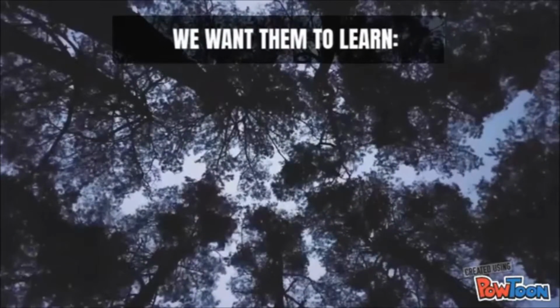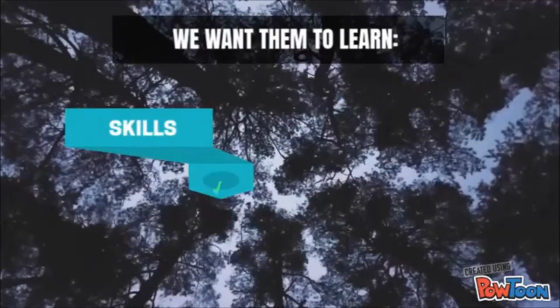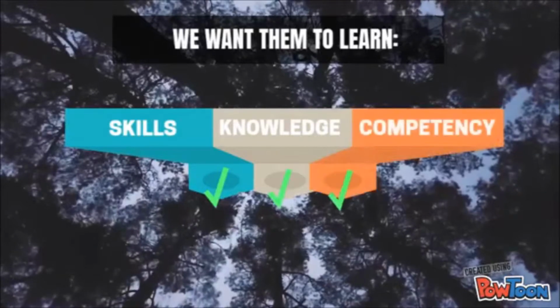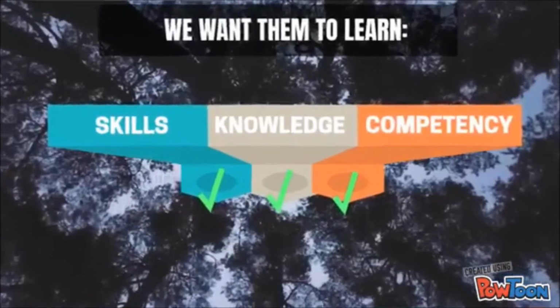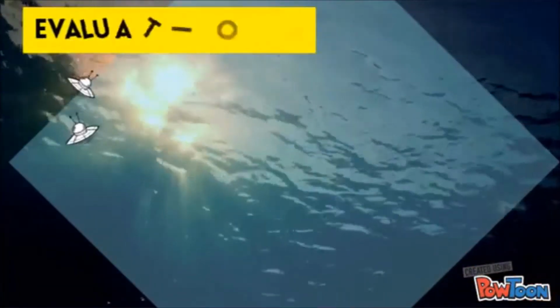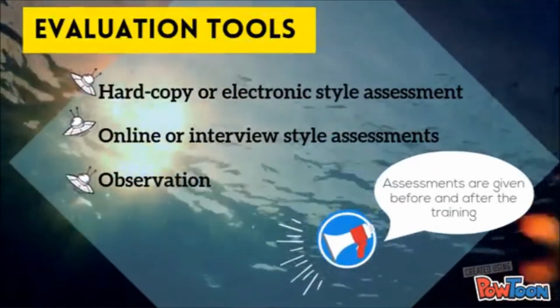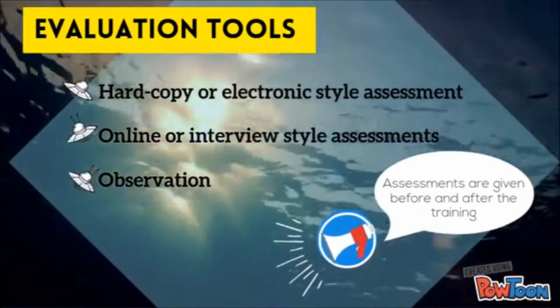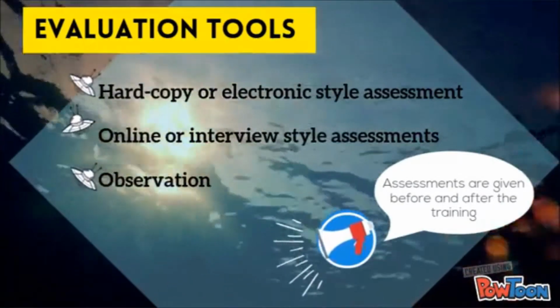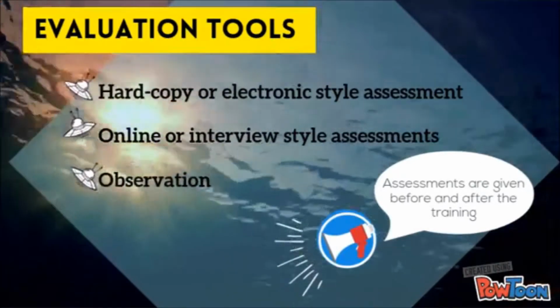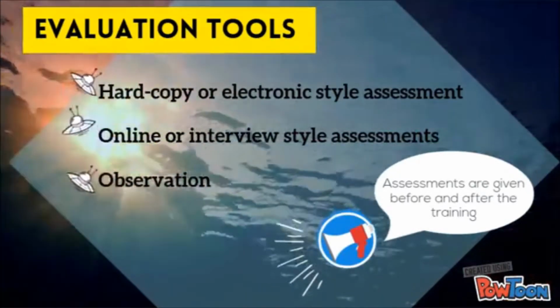At this level, we want them to learn new skills and knowledge, and we also want them to have competency. Evaluation tools for this level can be hard copy or electronic assessments, online or interview-style assessments, and observation. Note: assessments are given before and after the training.